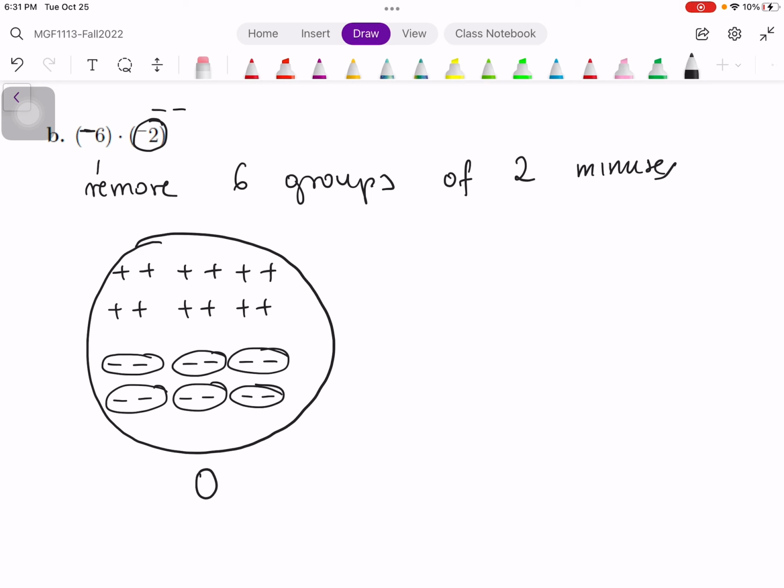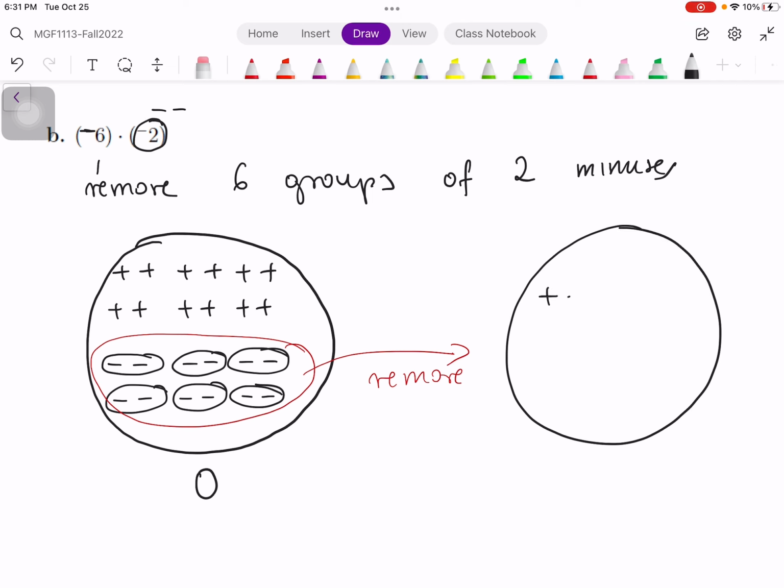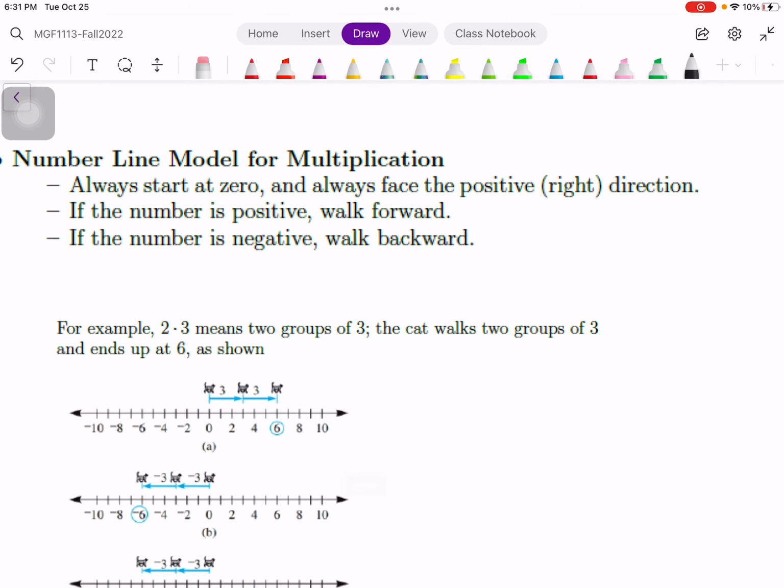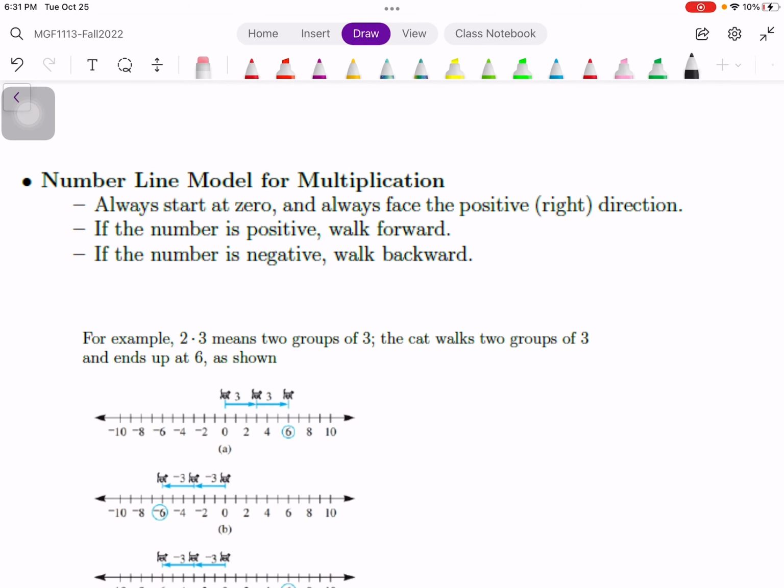So now you can remove those, and what you're left with is, well, your pluses, right? And you're left with 12 pluses, right? So that's positive 12. Okay, so that's a chip or a charged field model.